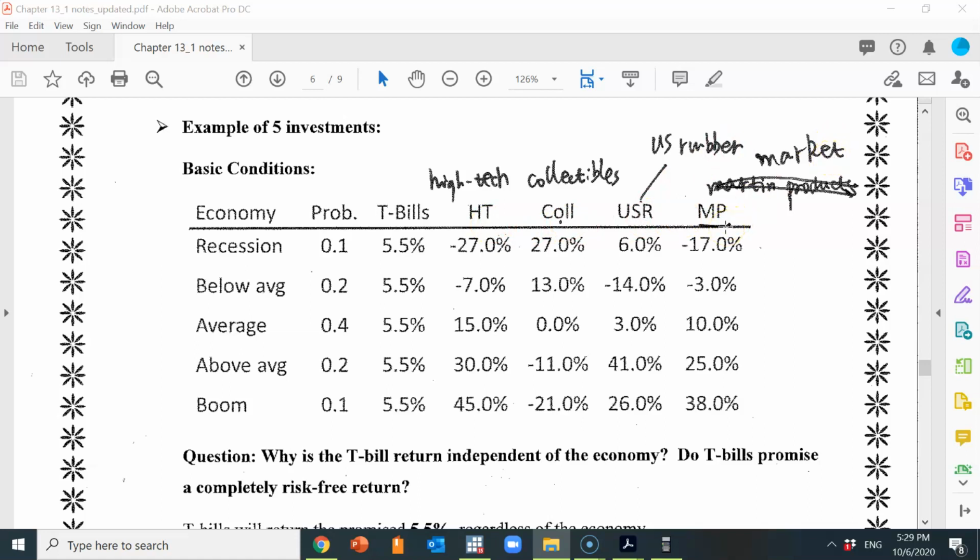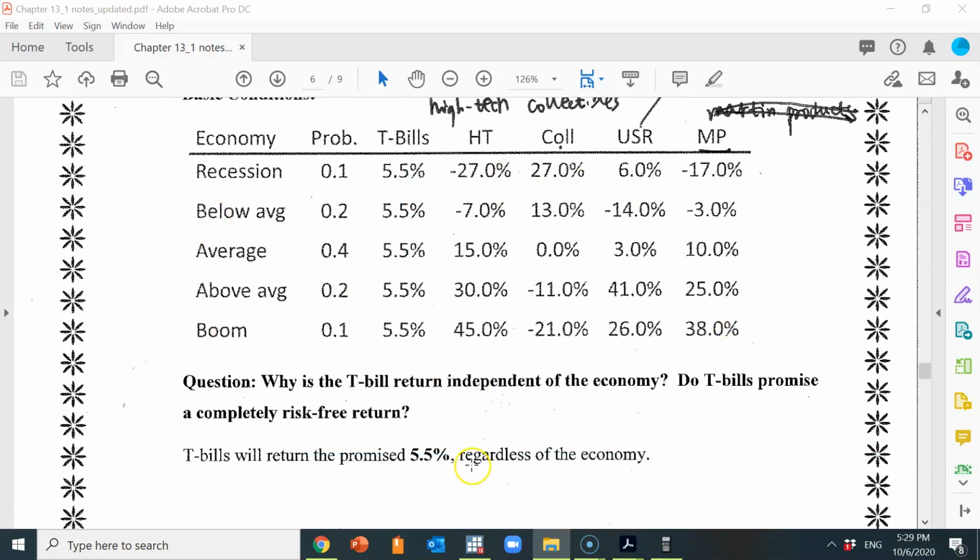Okay, MP is the market index. For each scenario, the probability is 0.1, 0.2, 0.4, 0.2, 0.1. For treasury bill, all the returns are the same no matter how the economy is doing. All the other returns are volatile when the economy changes.